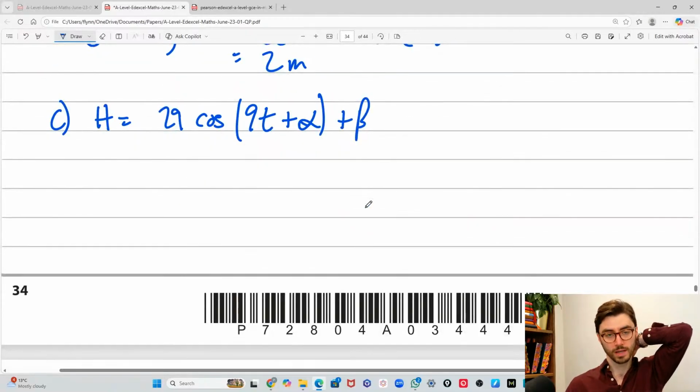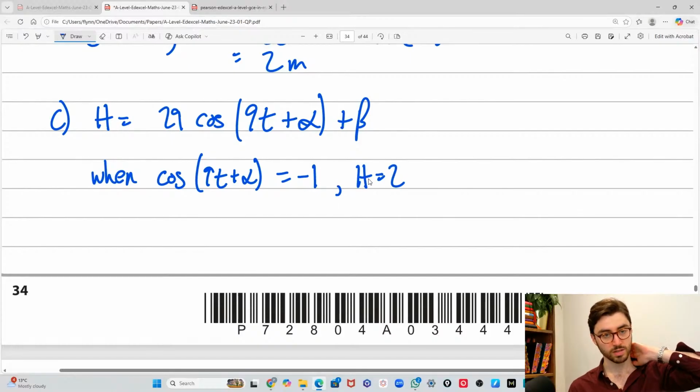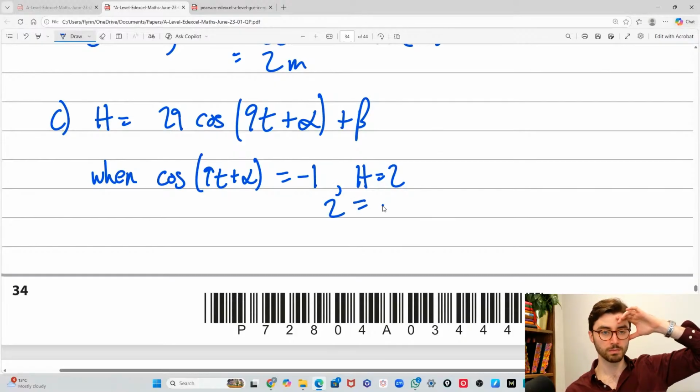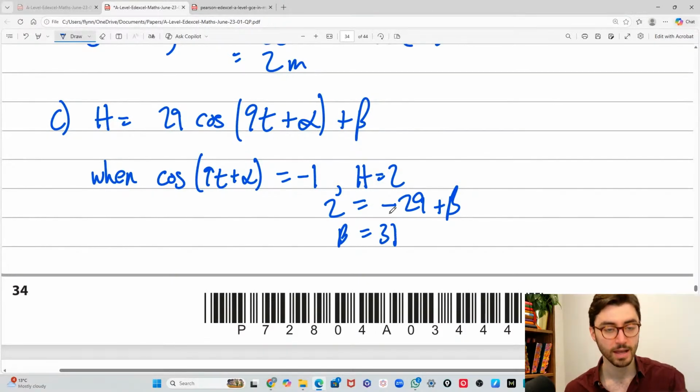What we know is that when cos of 90 plus alpha equals minus 1, h equals 2. Because that's the minimum height, 2 is equal to minus 29 plus beta, so beta is equal to 31. Great, so we have that.